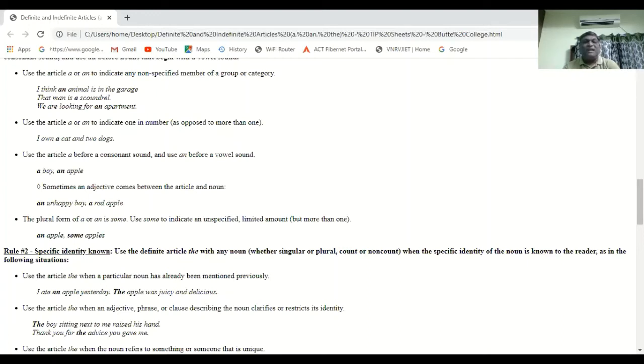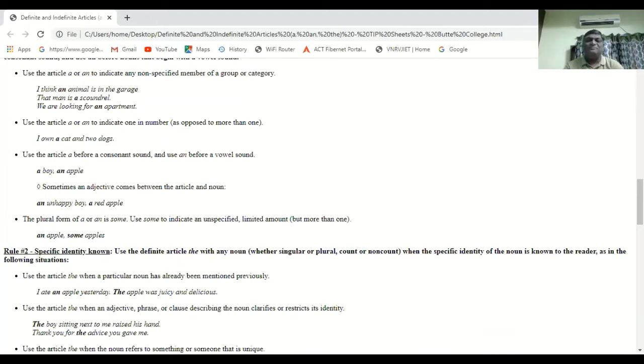Sometimes an adjective comes between the article and the noun. For example, an unhappy boy. See, when you said boy, you said a boy because you saw the word ba and used a. Suppose a word comes in between a and boy, a word like unhappy.